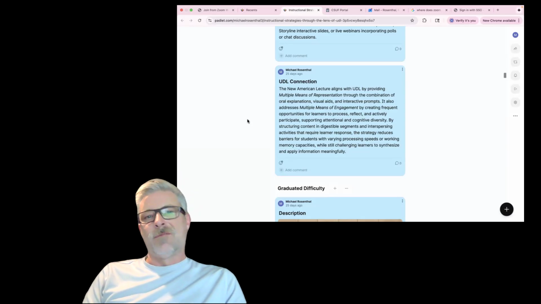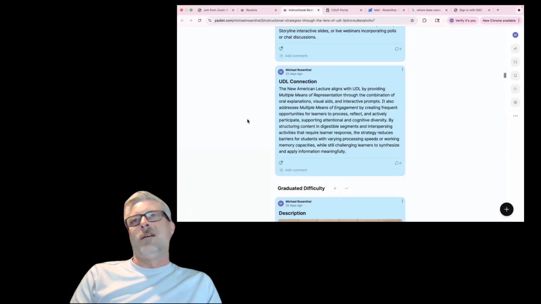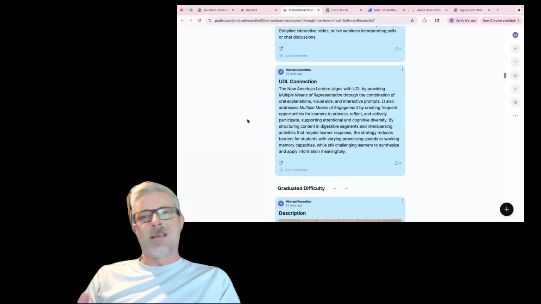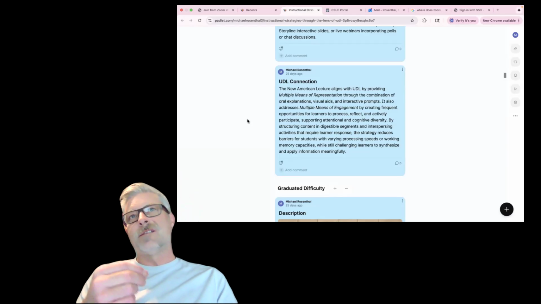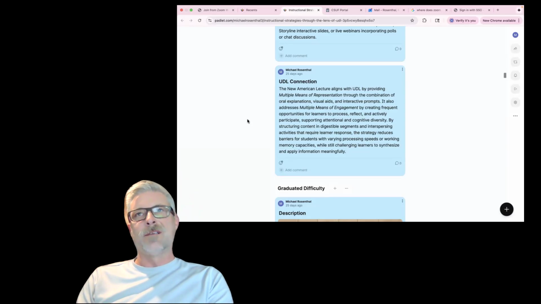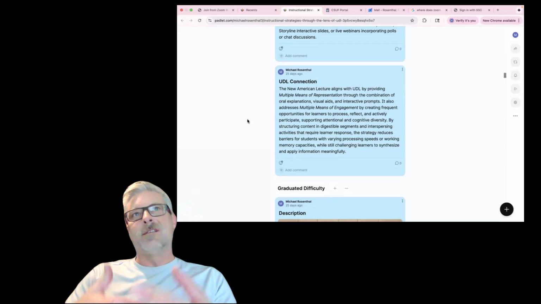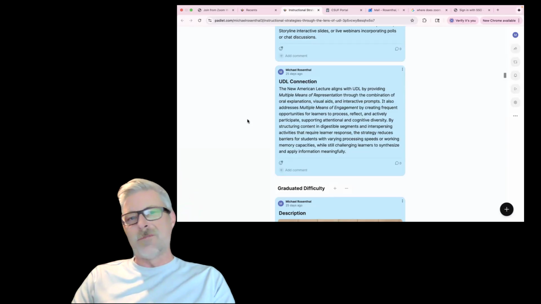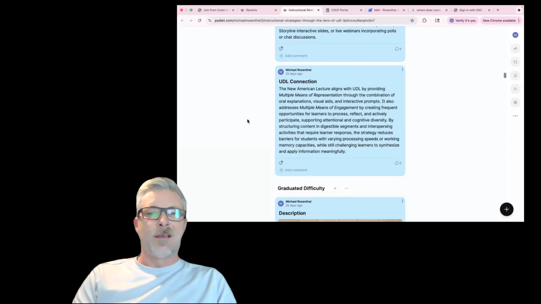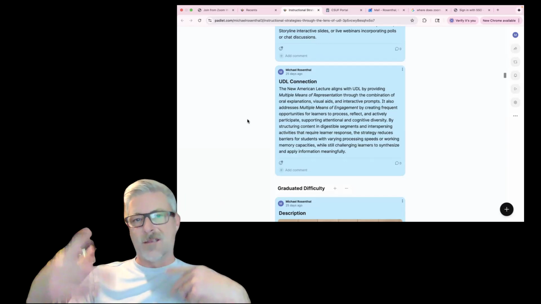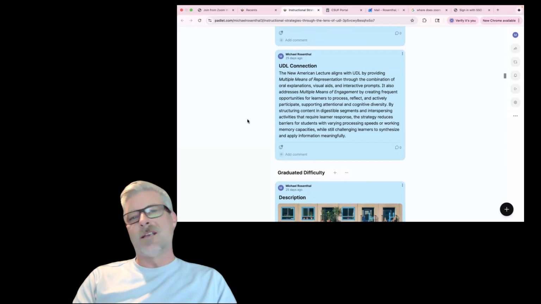Because we have multiple opportunities for learners to process and reflect and actively participate, we're breaking things down into very short increments, so it's not so much teacher centered as it is learner centered in this respect, because the teacher is giving information or building on information and then putting it back in the hands of the students very quickly, and letting them process with it. So it's very digestible that way.